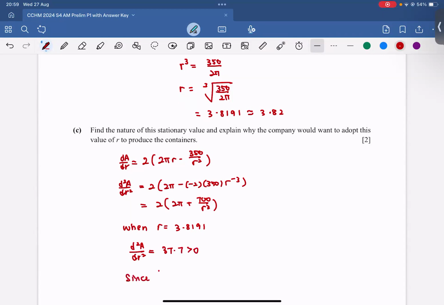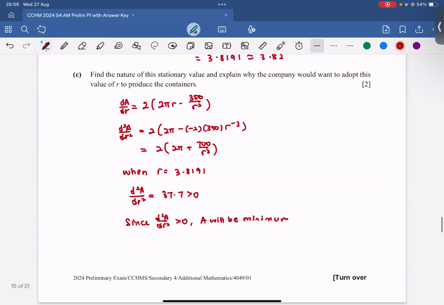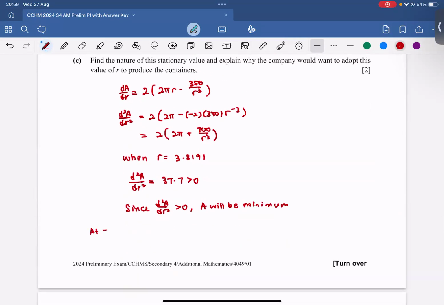Since d2a over dr square is more than 0, A will be minimum. So need to explain why. At this value of r, the least amount of material is needed.